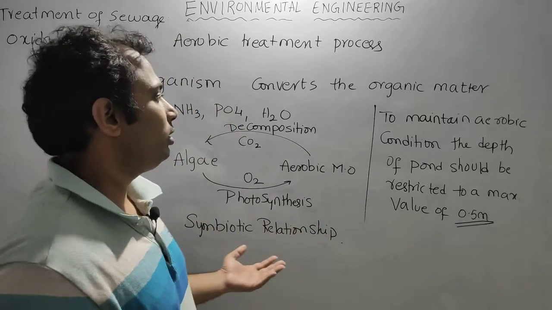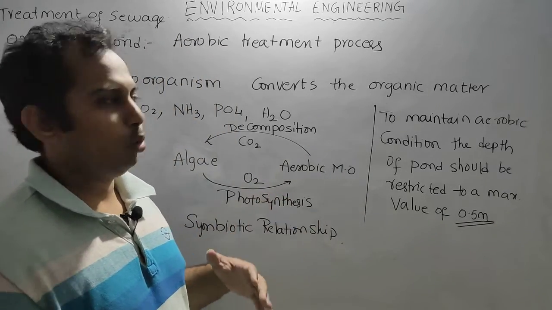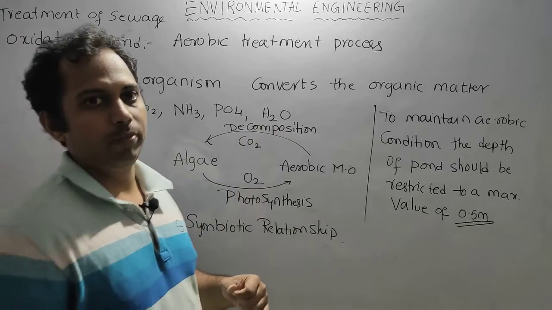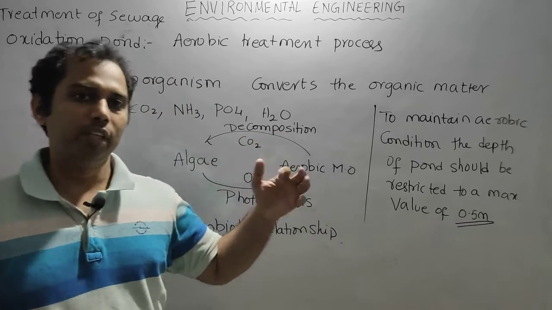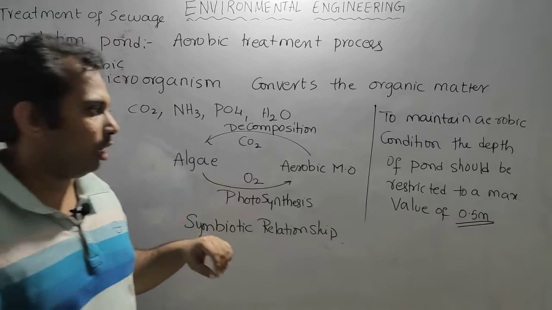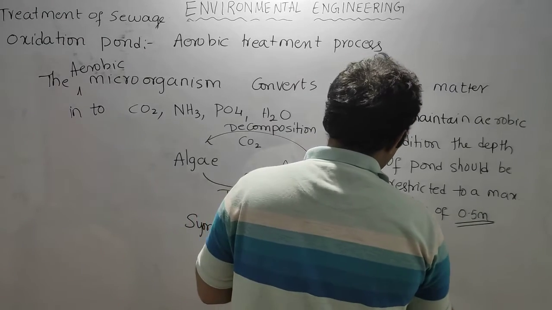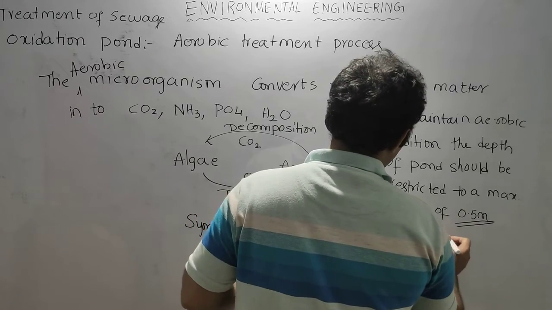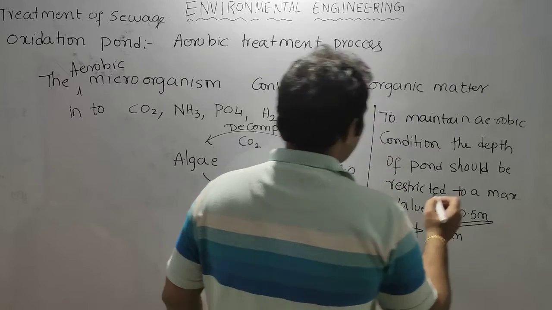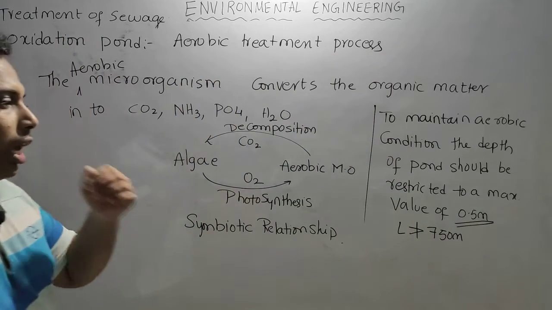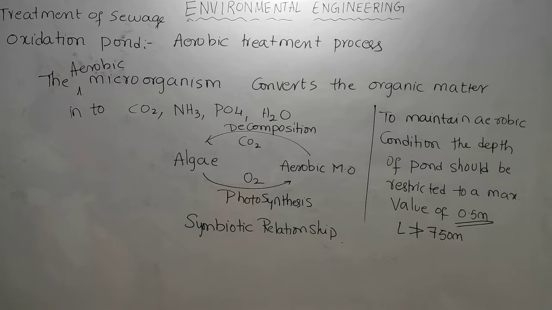So the only thing left is the surface area. To accommodate the organic loading rate, you can play with the surface area, and also the length of the oxidation pond should not be more than 750 meter. If you are getting more organic loading, then you need to use another pond, but we are not supposed to increase the pond length as needed.